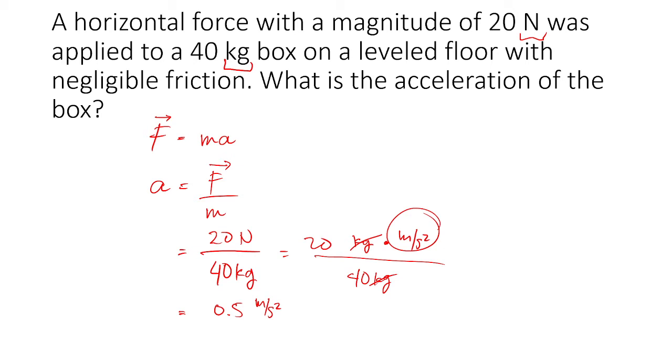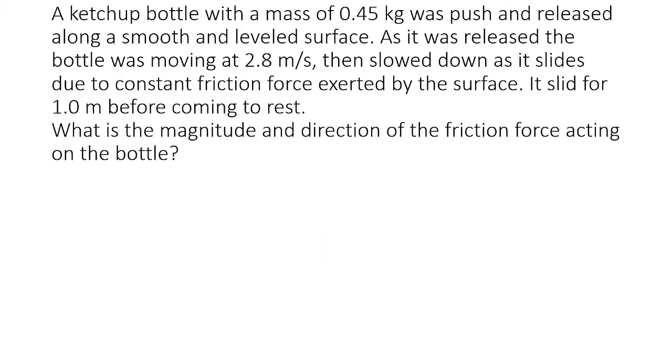I think I have here another example. So, we have this example. This is derived from an example in Young and Friedman, same with the other example earlier. So a ketchup bottle with a mass of 0.45 kilograms was pushed and released along a smooth and leveled surface.